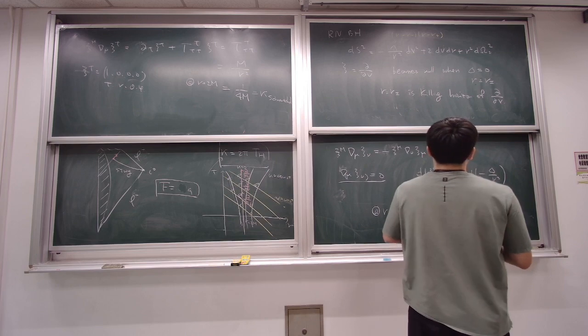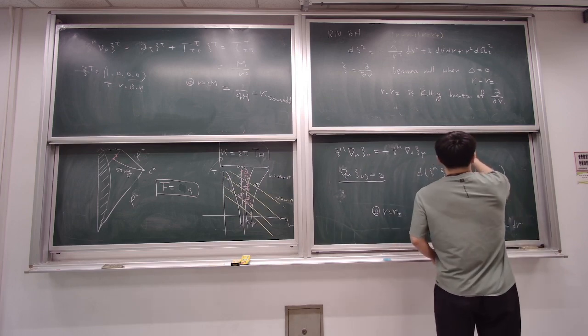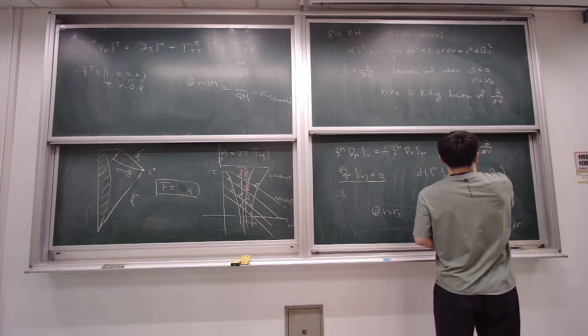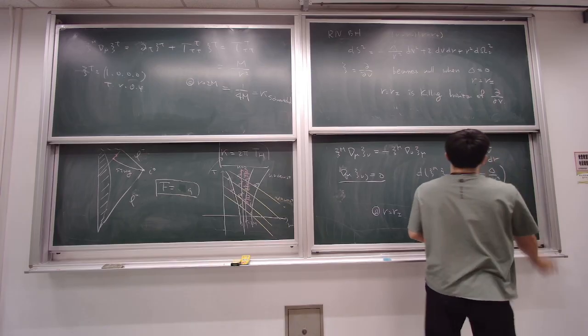And we know Xi mu delta mu is this delta v, and Xi mu dx mu is in fact dr. Okay, dr.